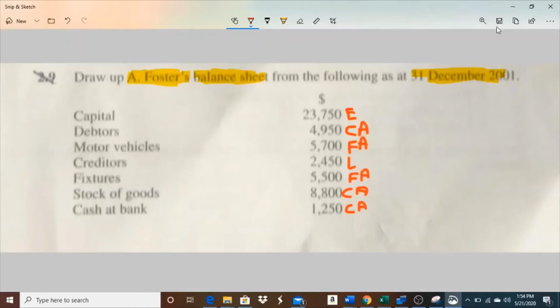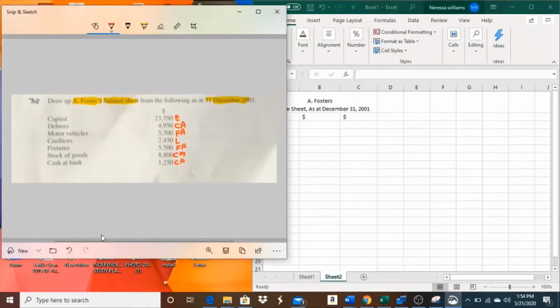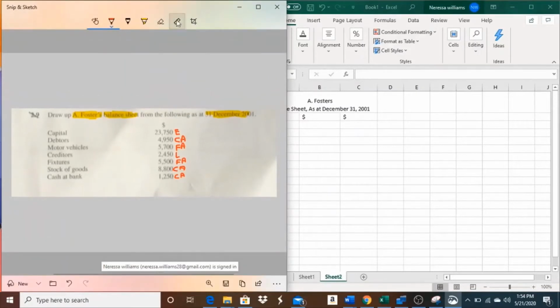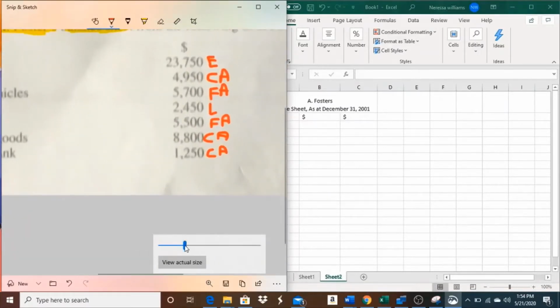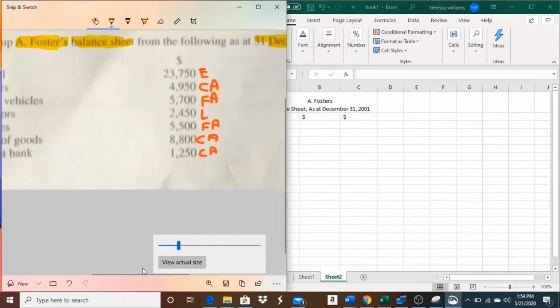Now we'll be doing our financial statement because we have the heading and we know what these items are.